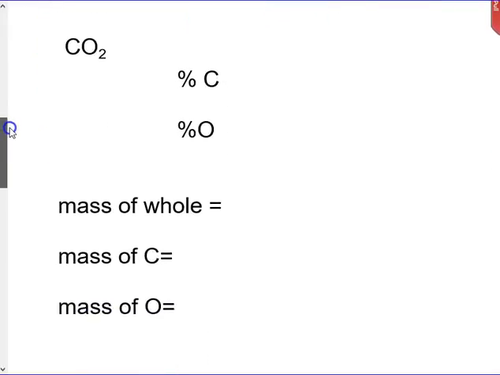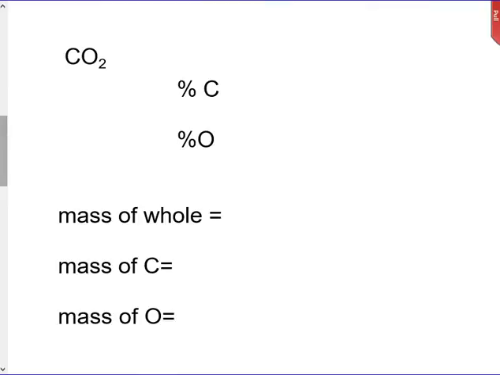Let's try carbon dioxide. Now, carbon dioxide, let's make our chart. Carbon dioxide is made up of 1 carbon and 2 oxygens.